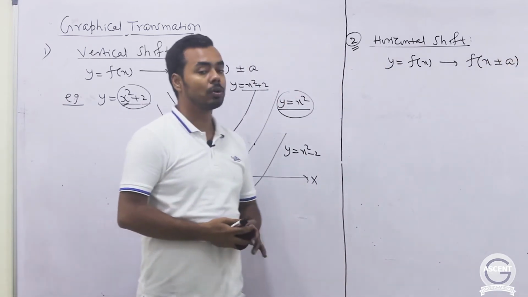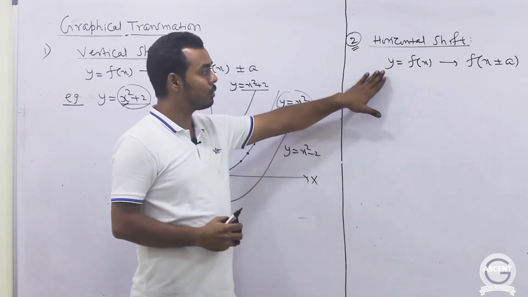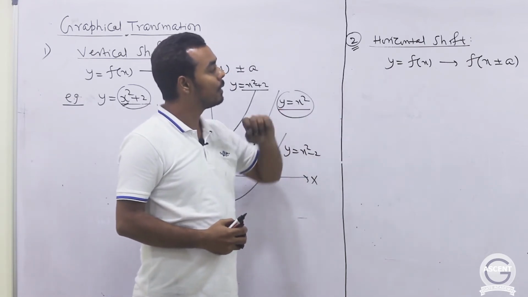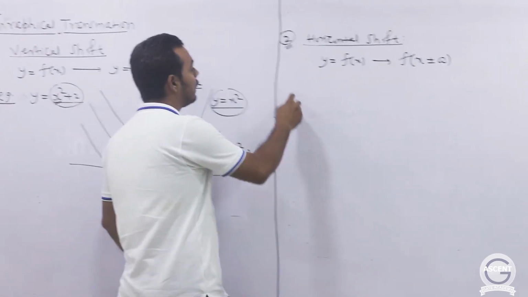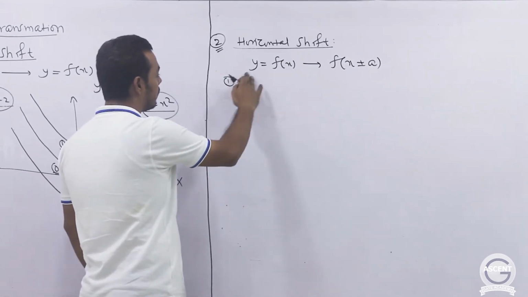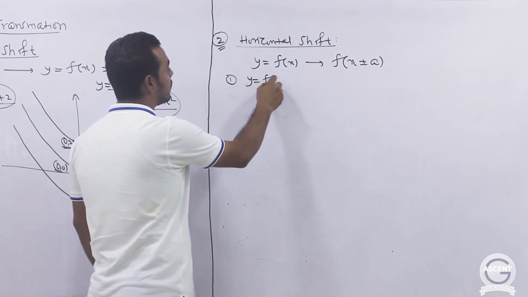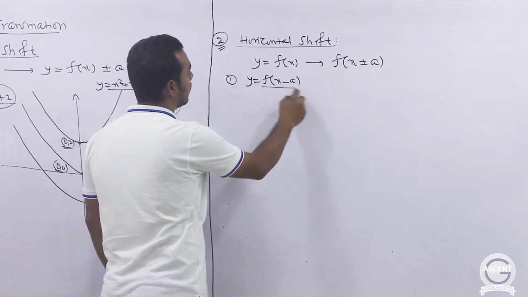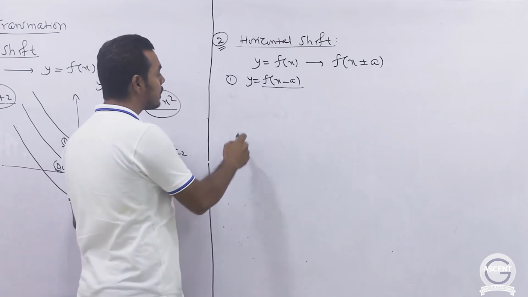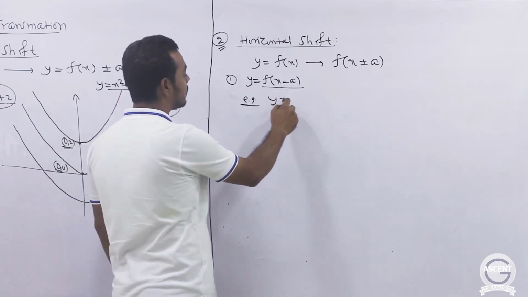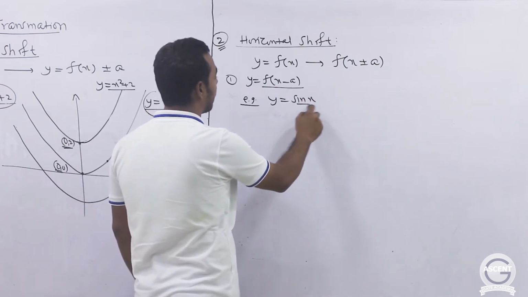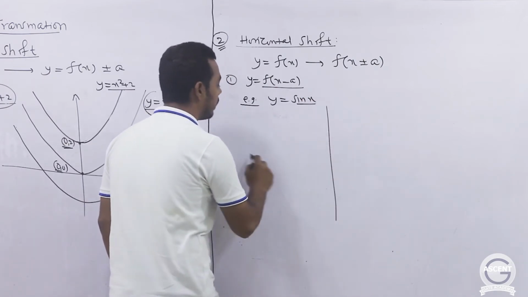If we have to draw the graph of this function, then there are two possibilities. Suppose we can take some examples here. Suppose we know the graph of the function y equals sine x. Okay, this was our graph of y equals sine x.